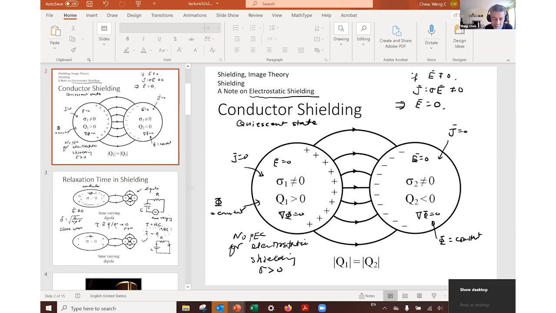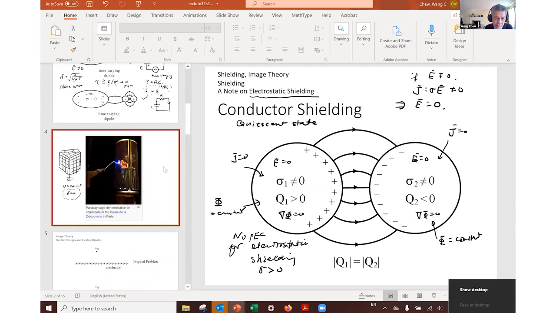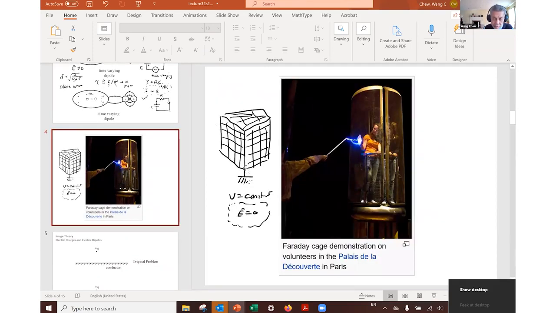If this cage surface is kept at equal potential, then the potential must be uniformly constant inside, and there will be no electric field inside. So by such a very simple design, you can force the electric field to be zero inside this cage. And of course, this is close to the electrostatic case.